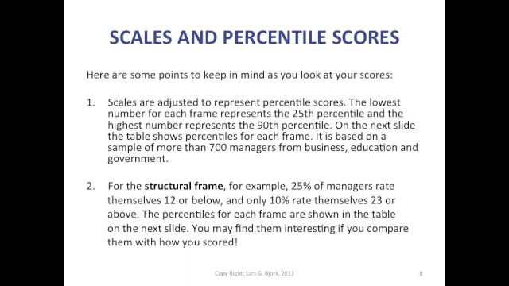For example, for the structural frame, 25% of managers rate themselves 12 or below, and only 10% rate themselves 23 or above. The percentiles for each frame are shown in the table on the next slide. You may find them interesting in comparison with your own score.